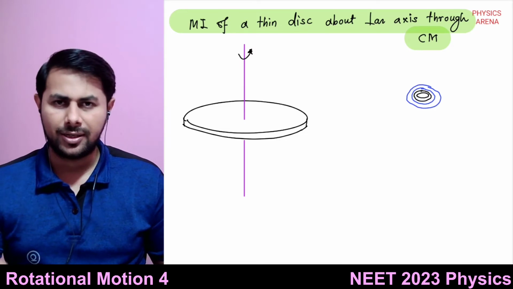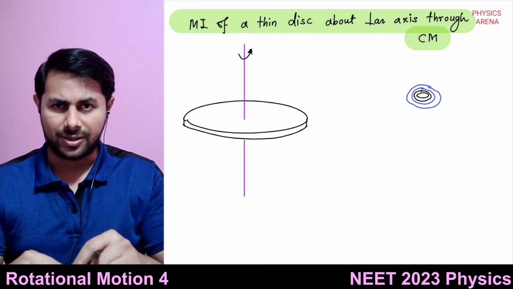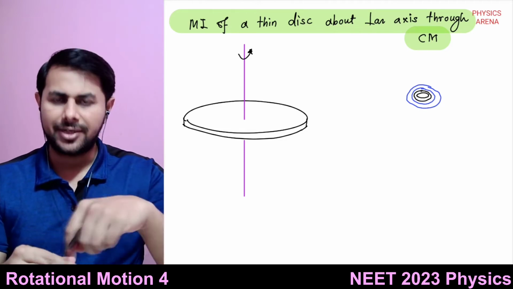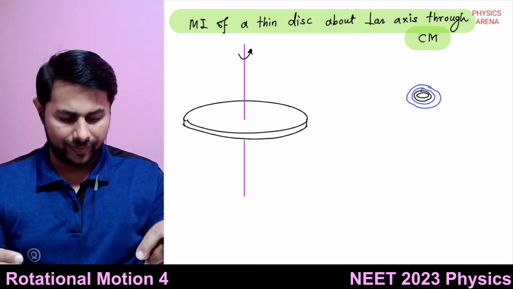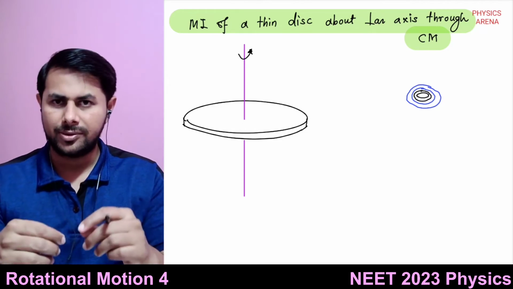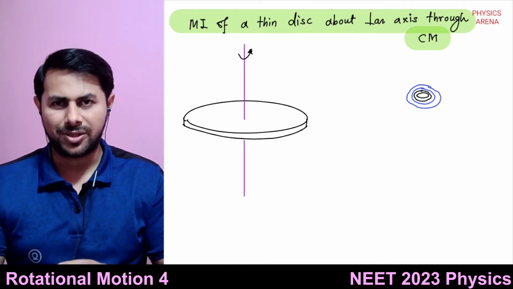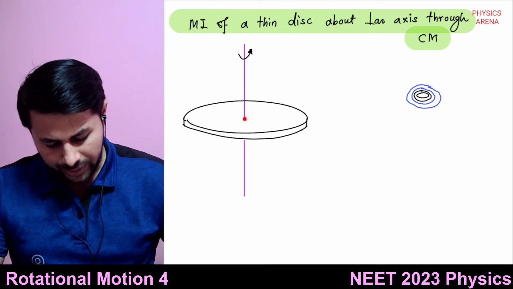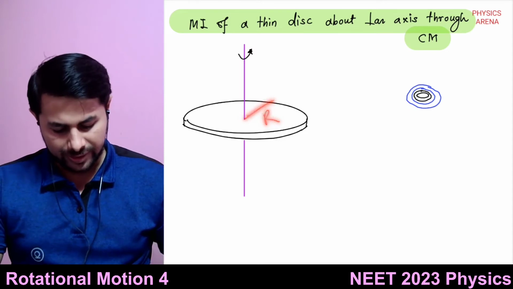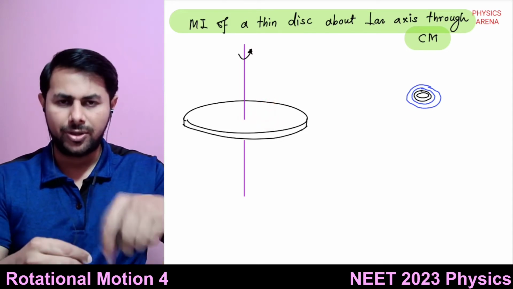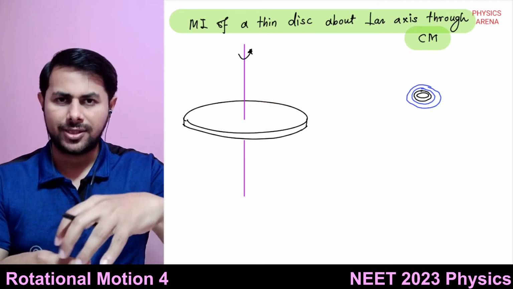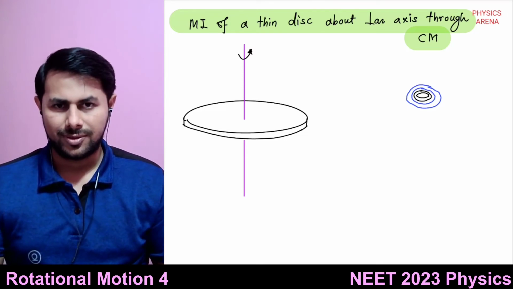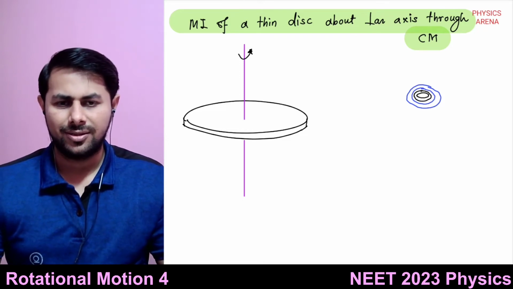So if you take rings which are touching each other, very small rings of very small thickness, and you start from radius almost 0 and go till radius equal to capital R, which is the radius of this disk. If you connect all such rings, what will you get? You will get the disk, right? Yes, no?